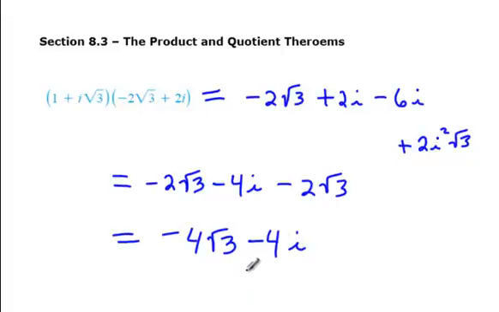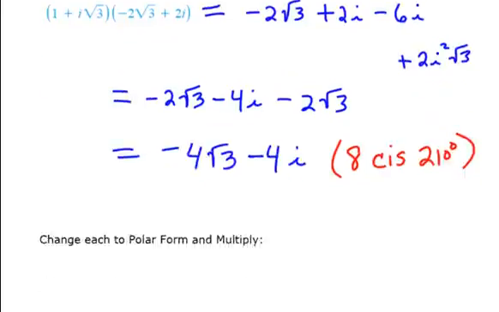If, using the previous section, we were to take this and convert it to polar form, negative 4 root 3 minus 4i is the same thing as, I'm going to write it in red, 8 cis 210. So all I did there was take this in rectangular form and convert it to polar form. Now let's go back and take each individual factor and convert them to polar form.